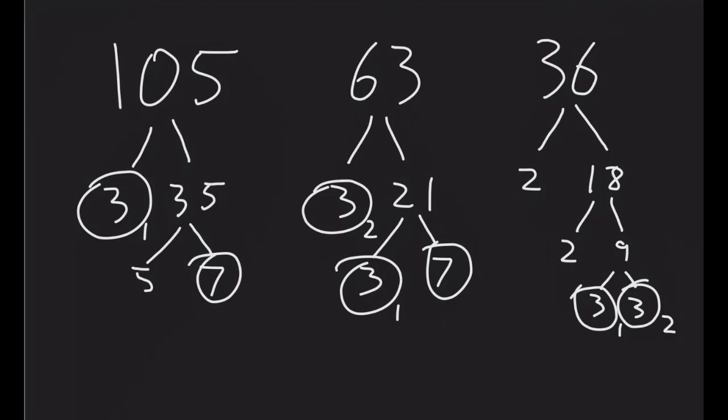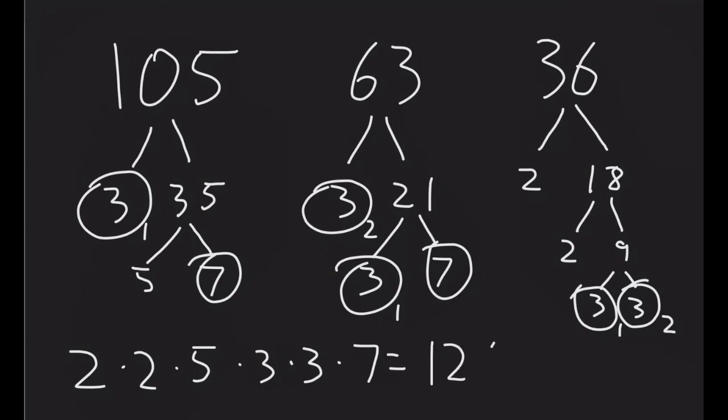Alright, so now let's multiply them together. So 2 times 2 times 5 times 3 times 3 times 7, which comes to a result of 1,260.